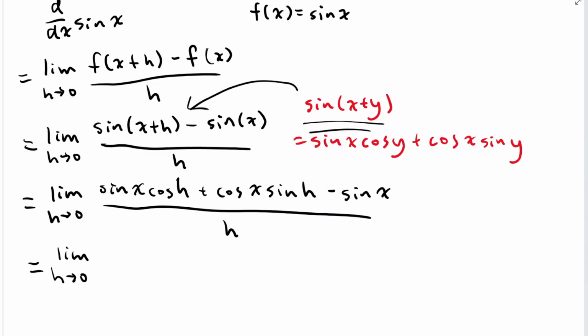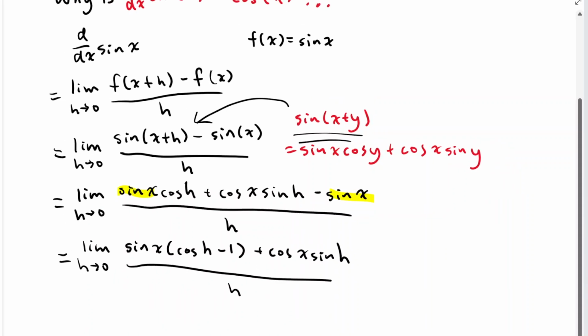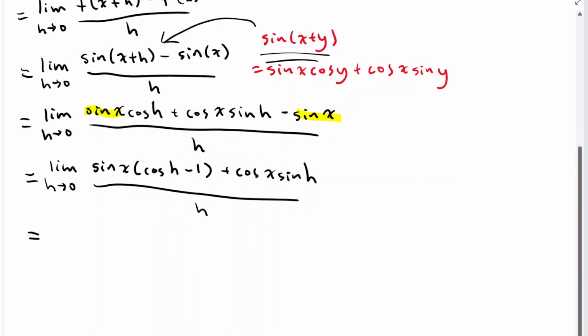As you can see, we have like terms here. We have sine x and sine x over here. So we just factorize it, right? Simple, easy peasy. Sine x times (cosine of h minus 1) plus cosine of x sine h, all over h. Now we have something plus something over something.